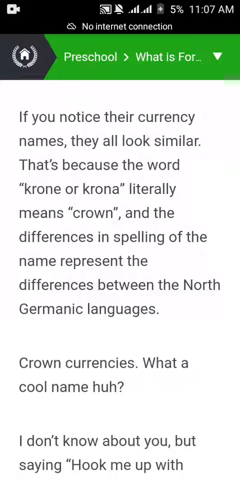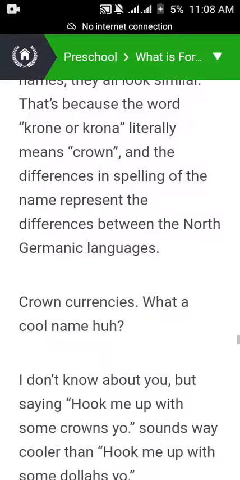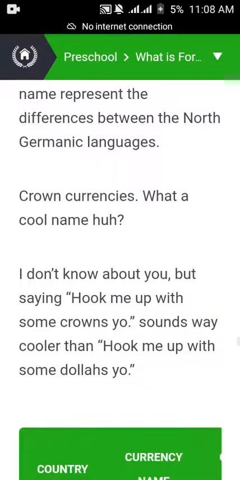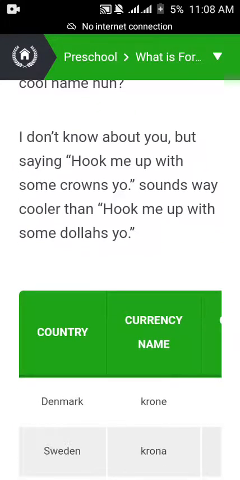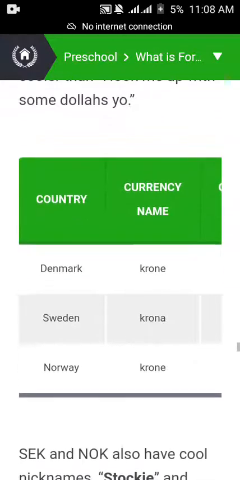They actually mean one thing. The krone for Norway, the krona for, I think, Denmark. And the differences in spelling of the names represent the differences between the North Germanic languages. Crown currencies, what a cool name. I don't know about you, but saying "hook me up with some crown" will sound way cooler than "hook me up with some dollar." That's funny.